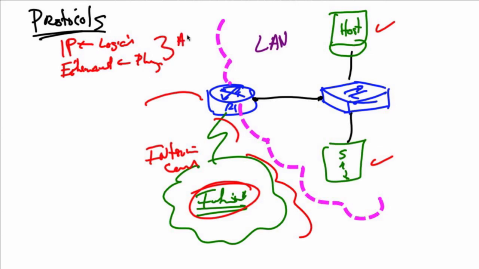Remember we talked about ARP, Address Resolution Protocol, which is the protocol that allows me to basically look up an Ethernet connection based on my IP address. There's also another concept you'll hear every once in a while called RARP, Reverse Address Resolution Protocol, which takes an Ethernet address and finds the IP address. Hardly ever see any terms with that anymore. But we've got IP and we've got Ethernet.